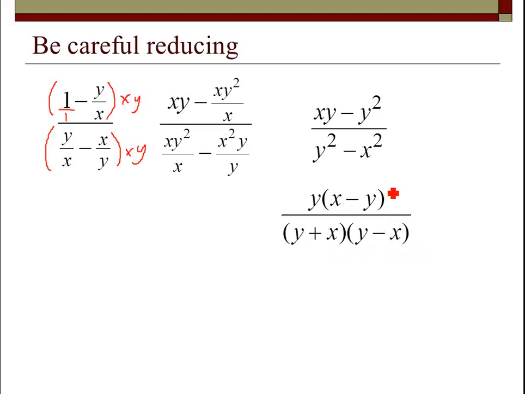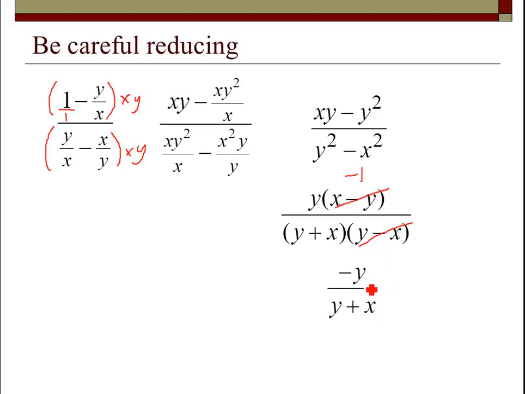When you cancel this type, these guys cancel to equal -1. So that's the difference. When they match perfectly, it cancels to give you 1. If they're opposites, perfect opposites, it matches to give you -1. So that gives me my final answer of -y over y plus x.